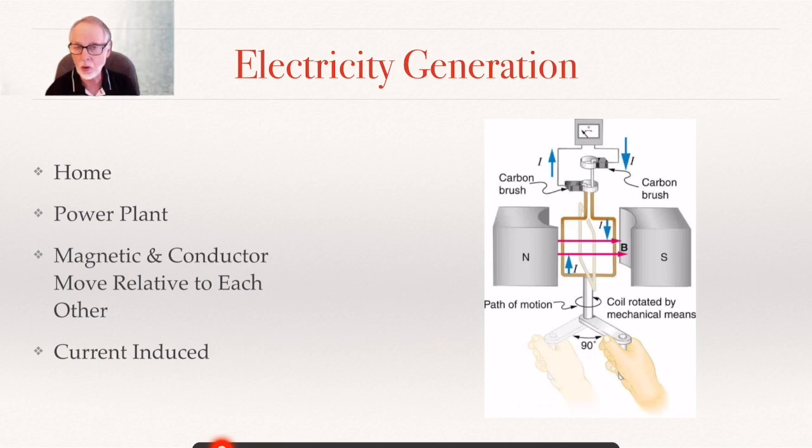Heat from the coal in a coal burning plant causes pressure to turn a turbine that generates the electricity through that generator. That's how it works.